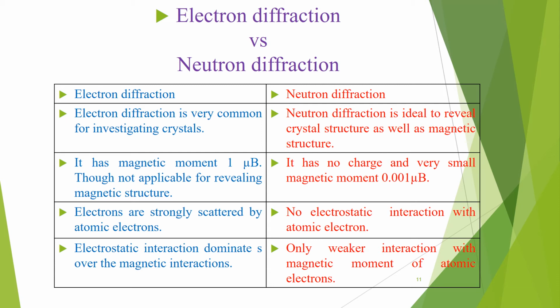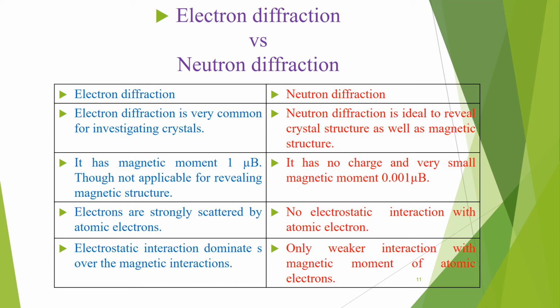The magnetic moment is one in electron diffraction, though not applicable for revealing the magnetic structure, while the magnetic moment in neutron diffraction is very small, that is 0.001, so it can reveal the magnetic structure easily.